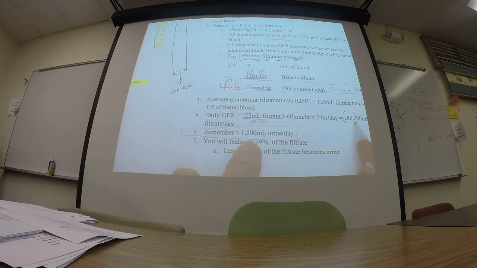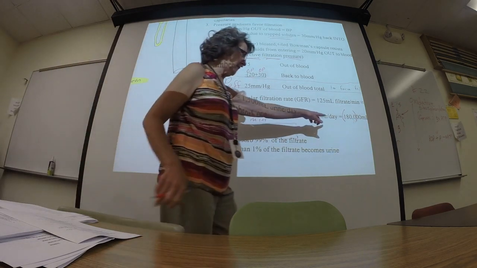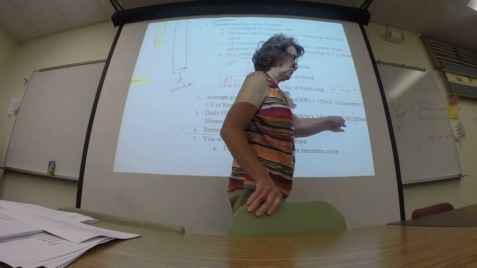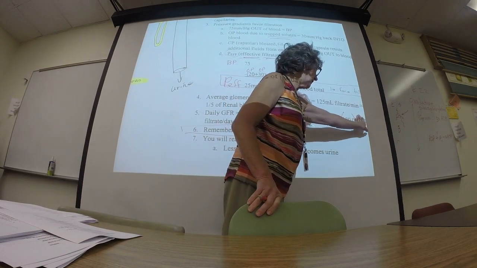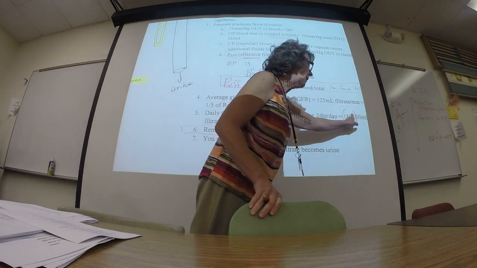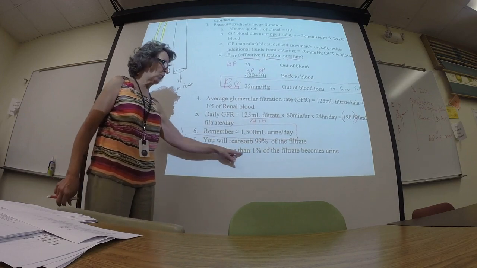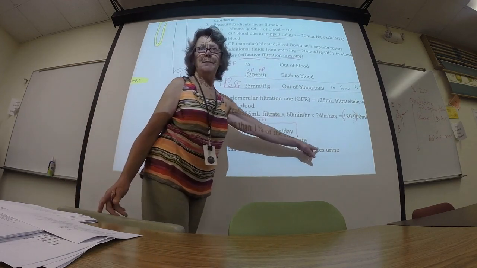That's 10 times 10. You'd have to divide this by 100. What I'm trying to say to you is, even if 99% of this was reabsorbed, that would still give us more urine than we actually eliminate in a day. So we're going to have to reabsorb more than 99% of this. And less than 1% of it will actually end up being urine.